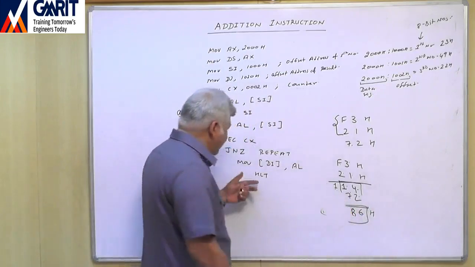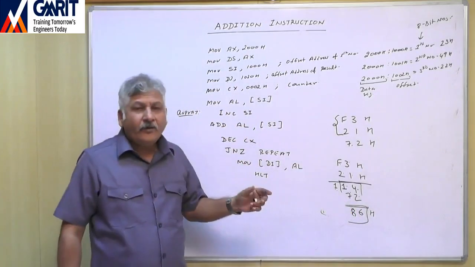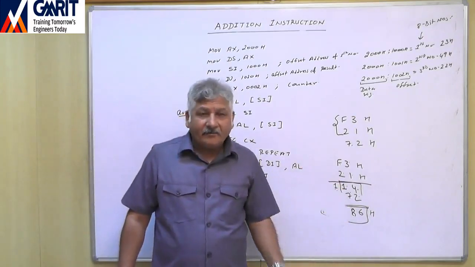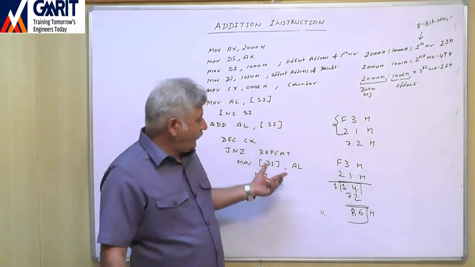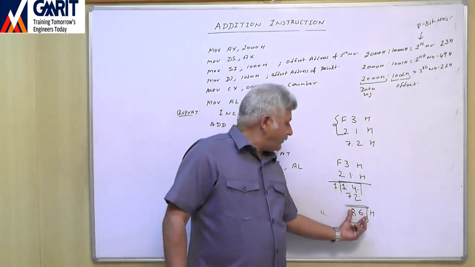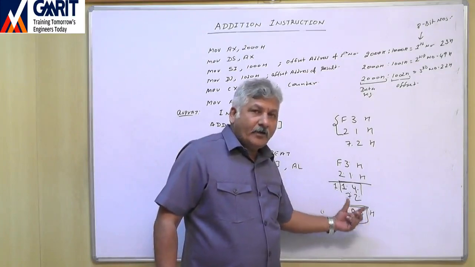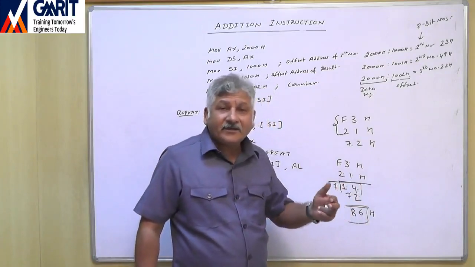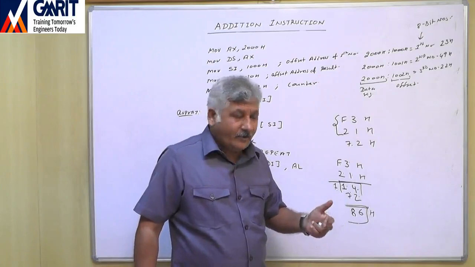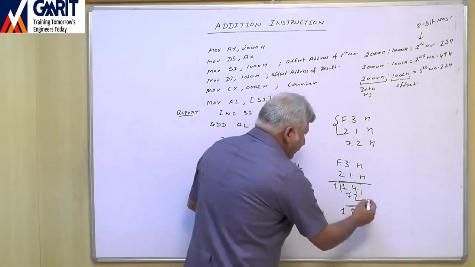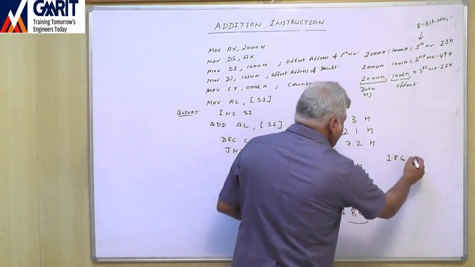There is no provision in this program which considers the case when carry is generated, right? So if we check the result, result will be this 86. Though here in this case the result is 16-bit, right? Result is 16-bit because of this 1, this is 186H.